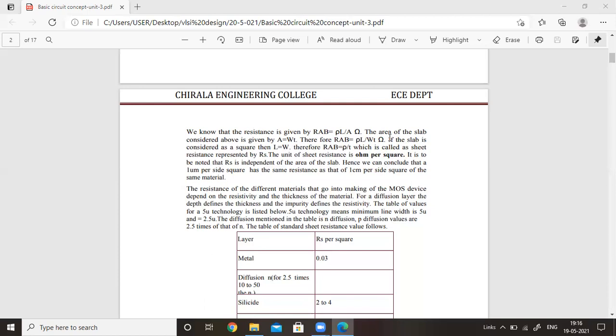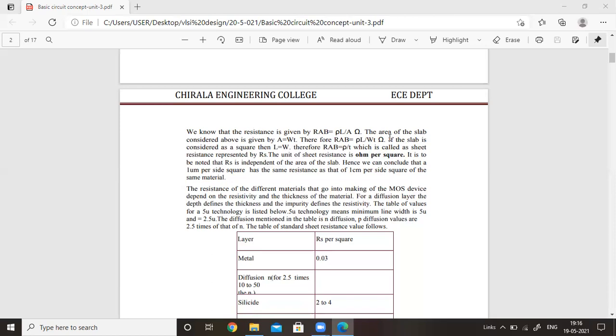Here we are going to concentrate on different layers and different technologies: the 5 micrometer technology, the 2 micrometer technology, which is called orbit technology, and the 1.2 micrometer technology as per your syllabus. We consider only these three technologies and differentiate the situations for the same layers.